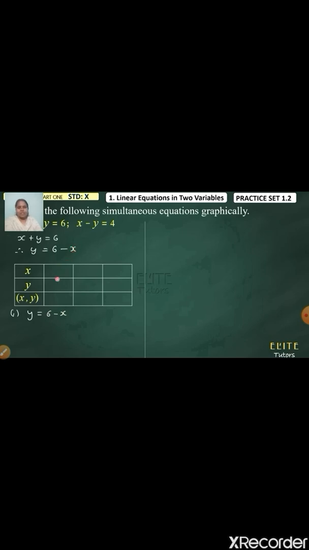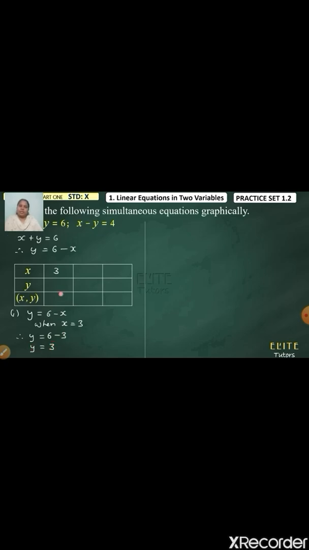So suppose I take x is equal to 3. The corresponding value of y will be 6 minus 3, that is equal to 3. You need to write all the steps and then show the calculation. So y will be equal to 6 minus 3, that is 3. So the first ordered pair is 3 comma 3. We need to write it in the table.